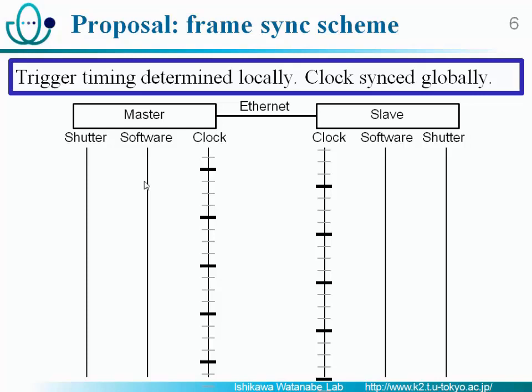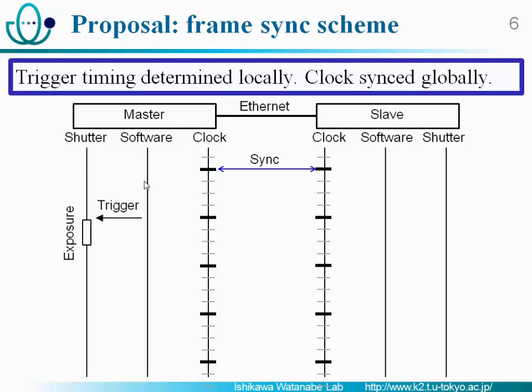I explain the scheme, and suppose that only one master camera and only one slave camera exists in the system. First of all, the clocks of master and slave are accurately synchronized. And when the master camera triggers the frame acquisition, the timestamp is acquired. And the timestamp T1 and frame interval delta T are sent to the slave.